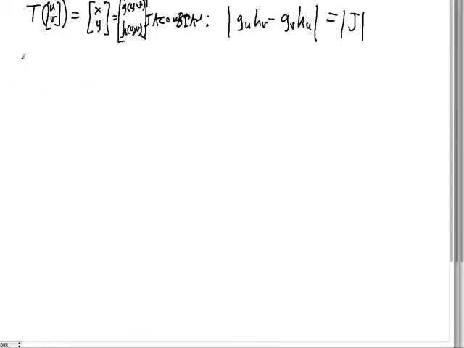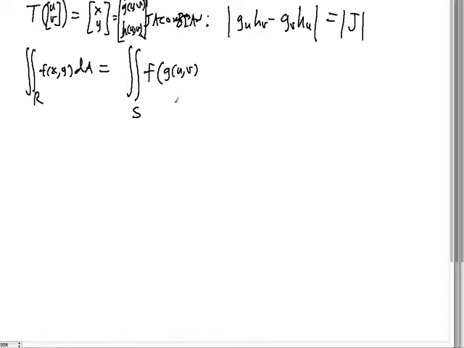So we have an integral over some region R of f(x, y) dA, and we can write it as the integral over S, some new region, where f is now a function of g(u, v), that's what we replaced x with, and h(u, v), and then we put our absolute value of g_u h_v minus g_v h_u times du dv.